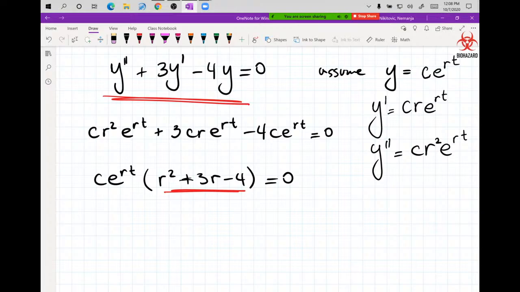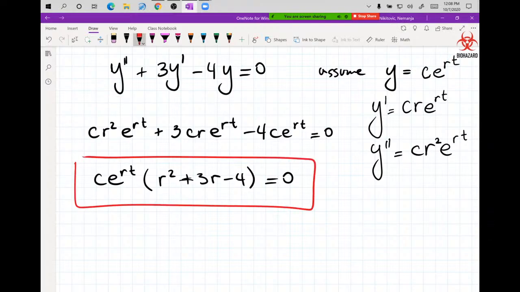So we learned the shortcut to jump directly from the differential equation into the characteristic equation, which computes our r's. Now, if I'm looking to solve this entire equation, clearly c equals 0 is not going to give us anything, and e to the rt equals 0 has no solution.